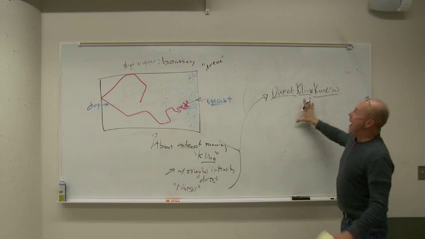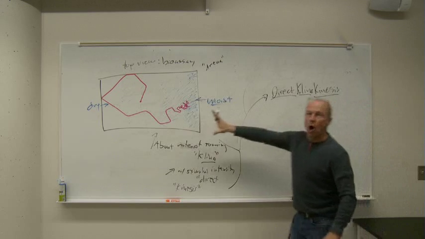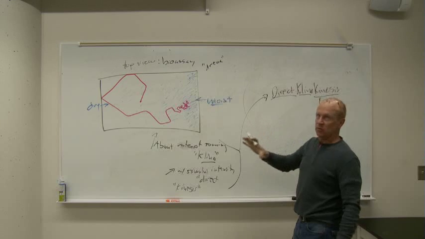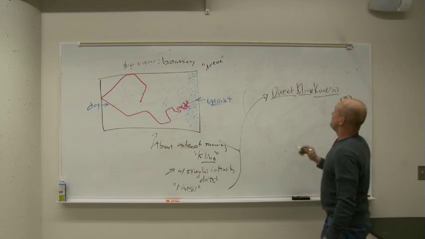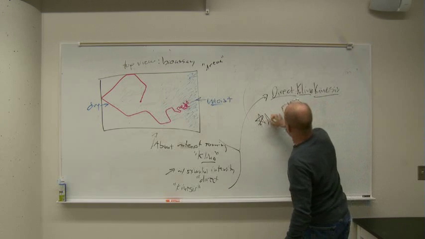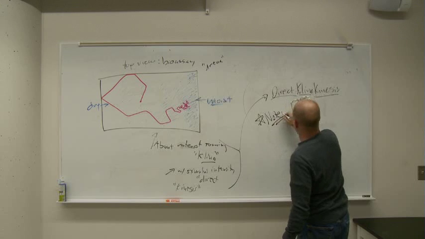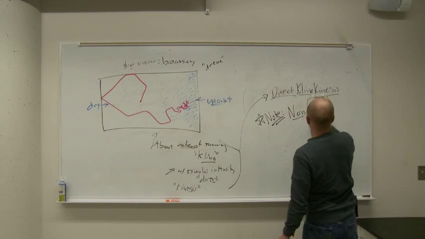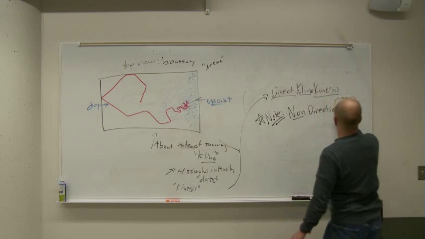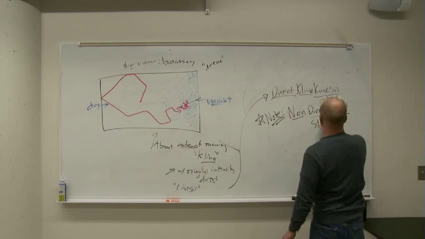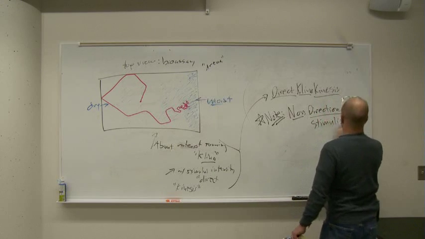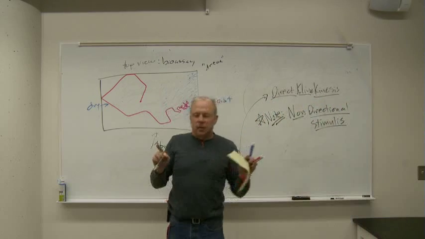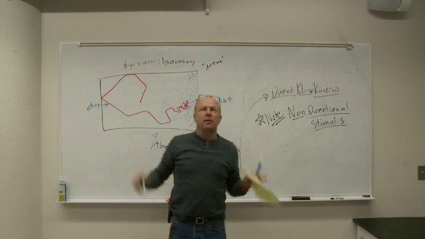So we want to look back on this and show that this is an example of a non-directional stimulus. I mean, how many of you could walk into a place and close your eyes and determine where it's more humid and not? No, we're not that good.